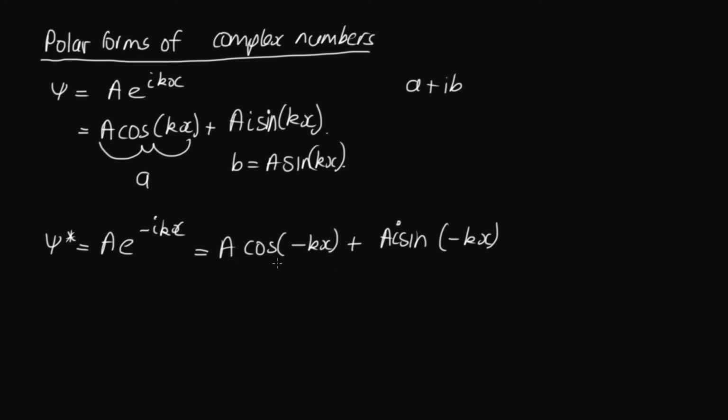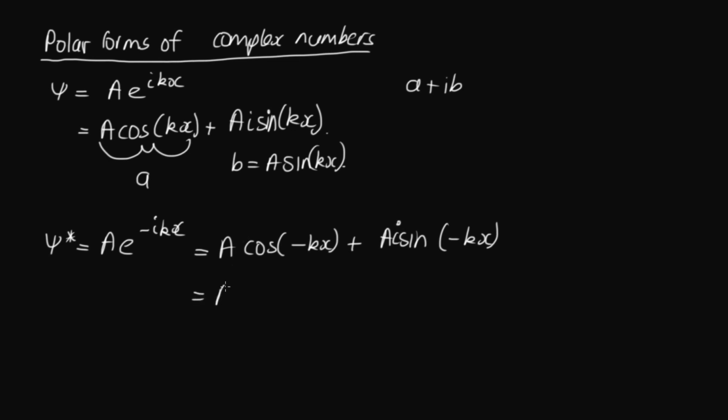You'll remember from your trigonometric relationships, hopefully, that the cos of a negative number is just equal to cos of that number, and sine of a negative number is equal to minus sine of that number. So you can try that on your calculator if you've forgotten that, just to check it for yourself.